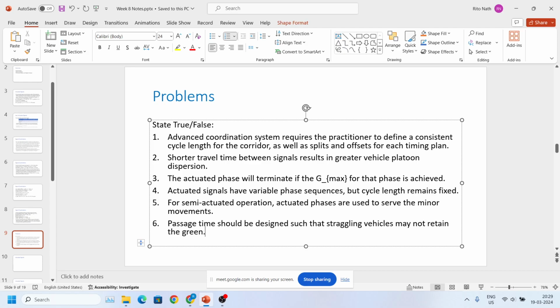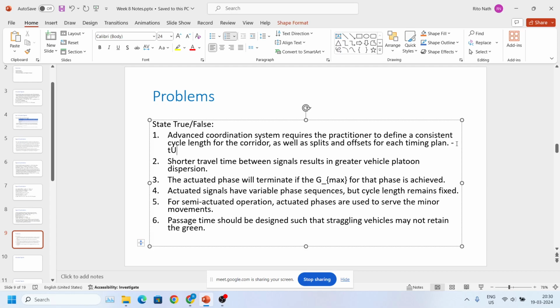The first one is true. I think you'll find it in the slides as well. Next is: shorter travel time between signals results in greater vehicle platoon dispersion. So is it true or false? Shorter travel time.